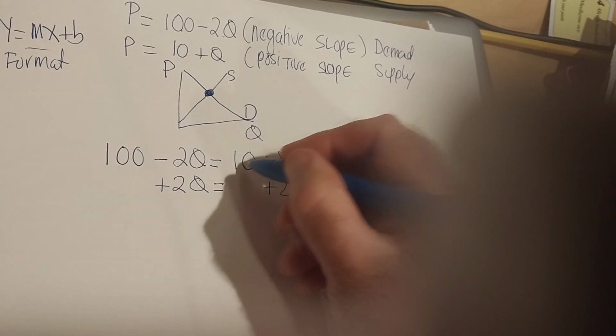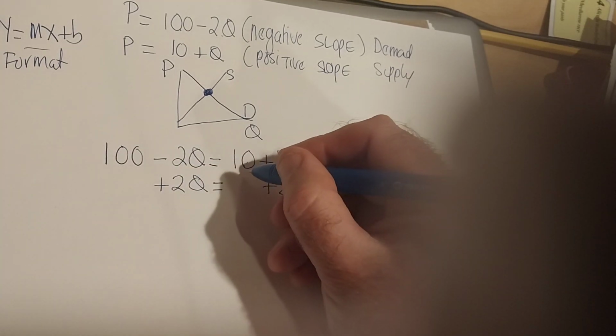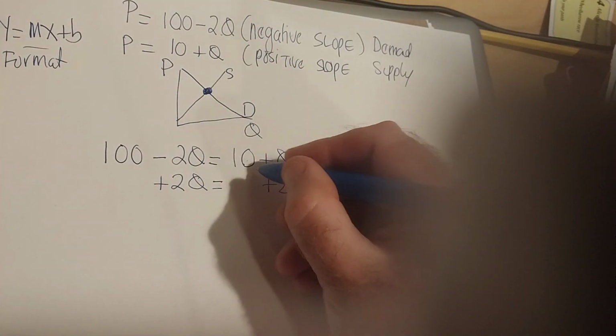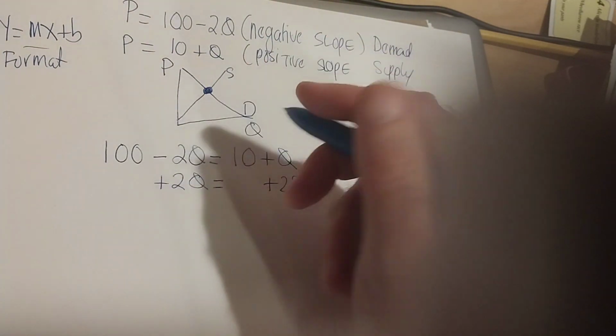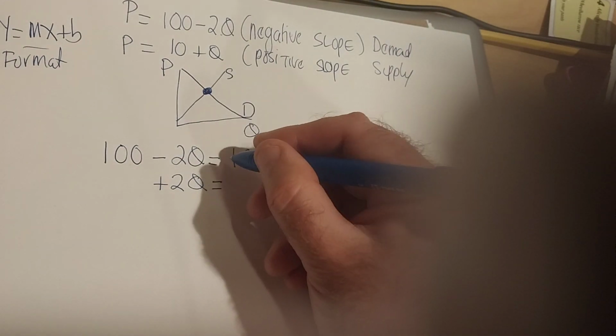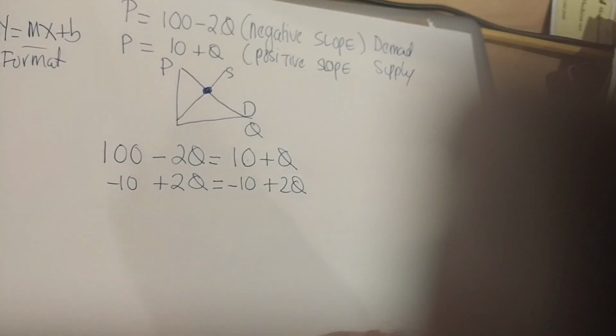Now we have this 10, and 10 wants to come over to the 100. But we can't just go, okay, come on over. Remember, we want to do the opposite. So this is plus 10, we're going to do negative 10. So now we have negative 10.